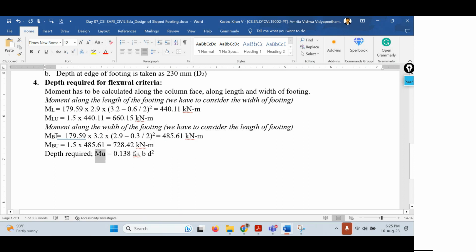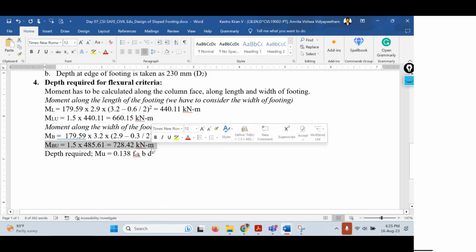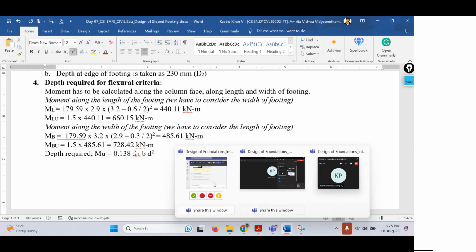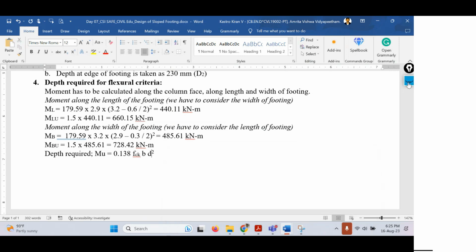Mu is the maximum moment, but we have two moments here. One is this one and the other one is this one. Among these two, whichever is the highest value. So the depth required, we have to calculate along two directions.